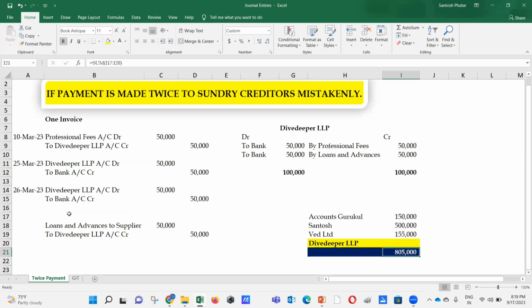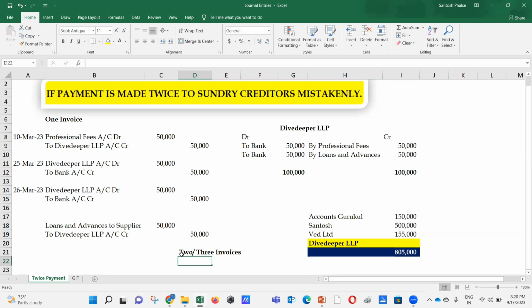And in case you have two or three invoices, and if any invoices are outstanding, then you have the option to adjust this excess paid amount towards the open invoices.